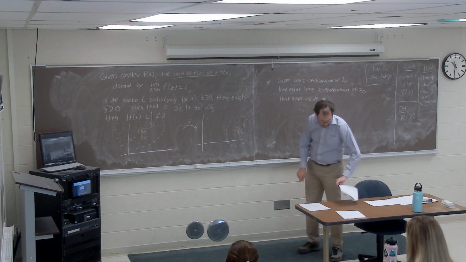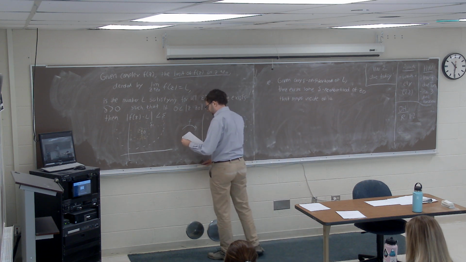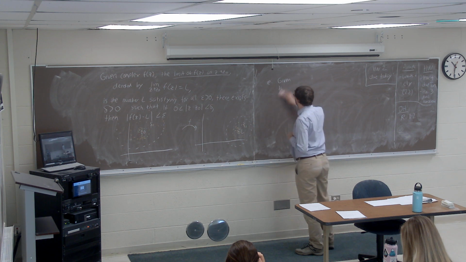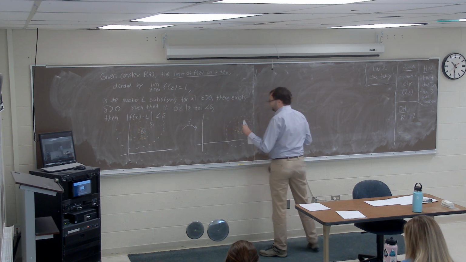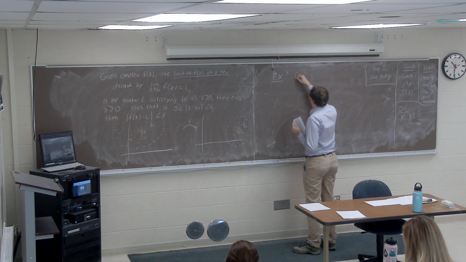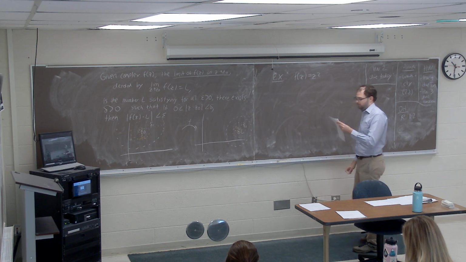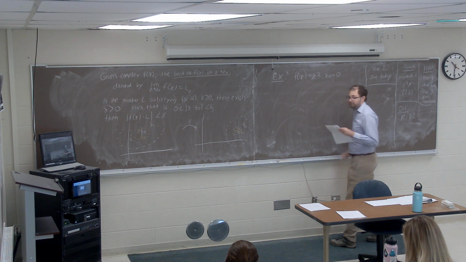So if we go to the next page for a second. Let's say we wanted to look at the function f of z equals z squared at z naught equals 0.